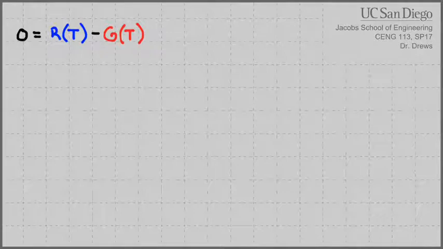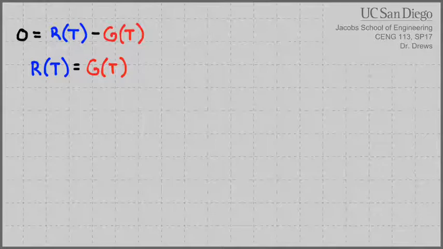Generally, what we're looking for is when does R of T equal G of T. If you are removing energy at the same rate at which the reaction is releasing energy, you must be at one of the steady states that we can do.